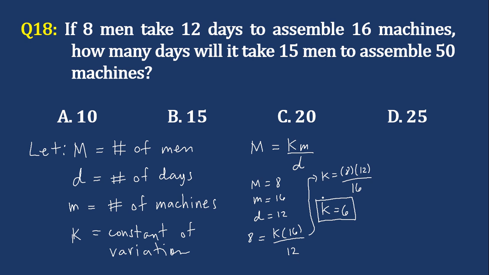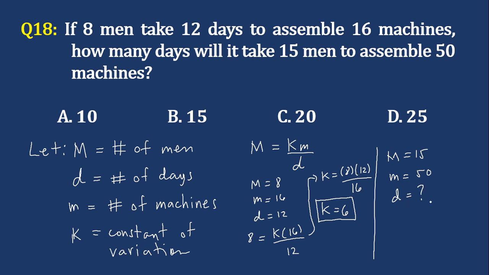Now let's go to the second half of the question. Let me divide this area. Take note, the constant is 6. Now the question is, how many days will it take 15 men to assemble 50 machines? So here the value of capital M increased to 15, and the value of small m is 50, and we are finding the number of days it will take the 15 men to assemble 50 machines.